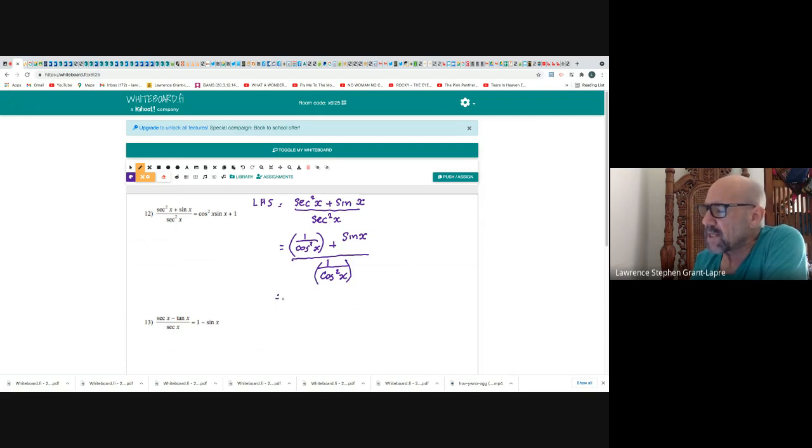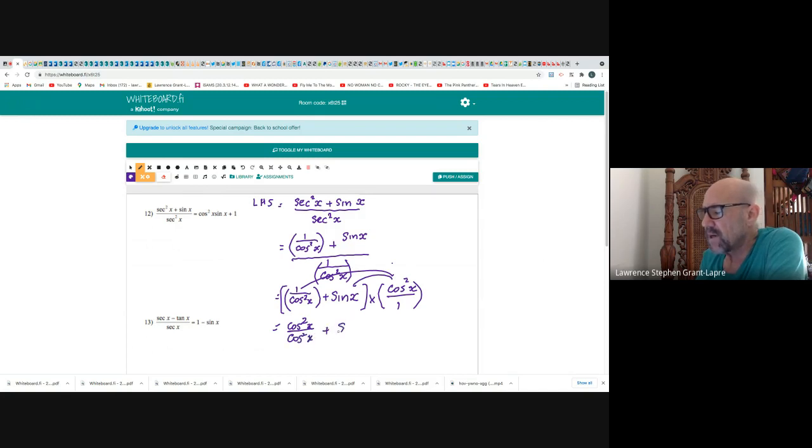Now I could take the numerator divided by a fraction. I can now multiply that, if I like, by the reciprocal of our fraction. And now if we expand, cos squared x times 1 over cos squared x is 1. So cos squared x times 1 over cos squared x, that's equal to 1.